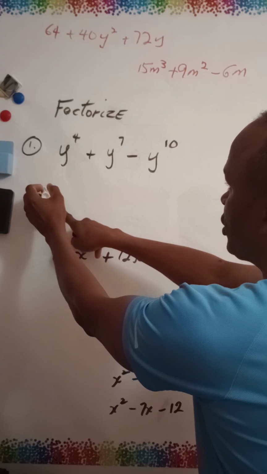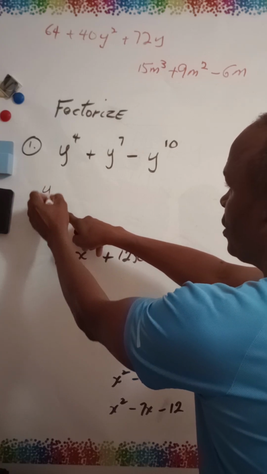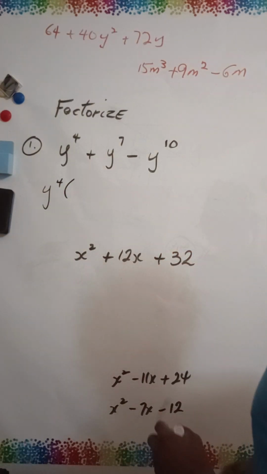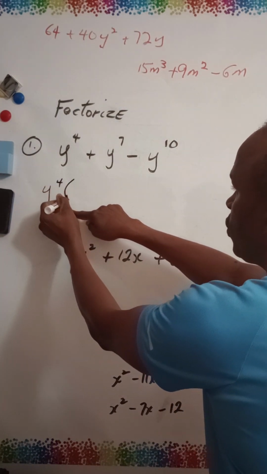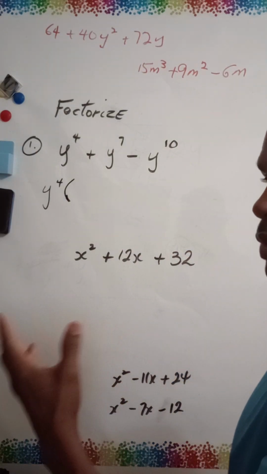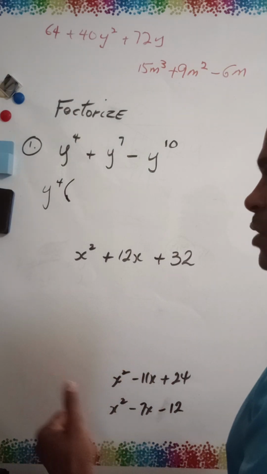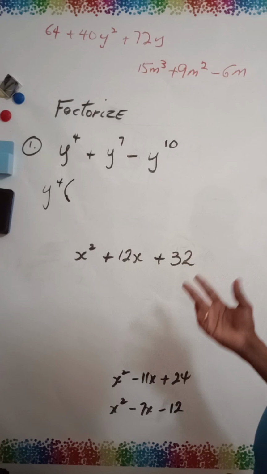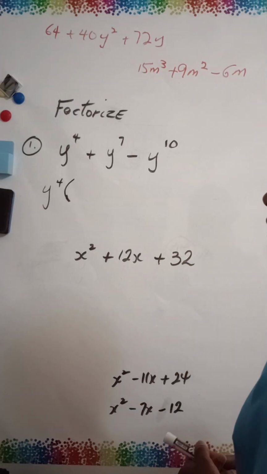So your HCF here is y to the fourth, and from there, you're going to recall our multiplication and division to verify that as we move forward, it is being done correctly. So let's go.